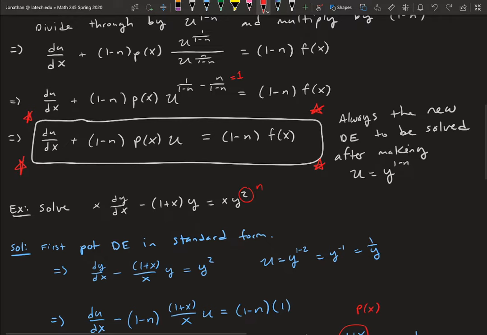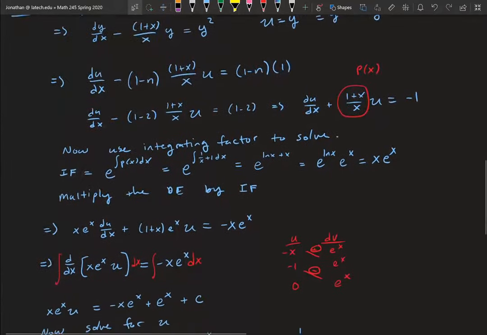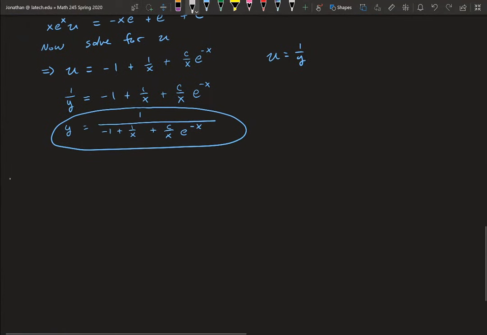So let's look at an example here, one more. Let's see.